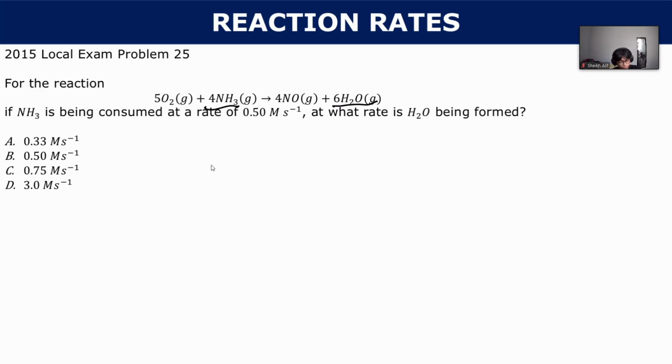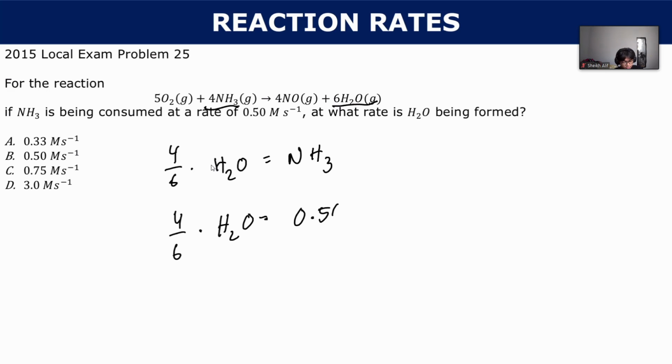This tells us that 4 over 6 times the rate of appearance of H2O is going to equal the rate of disappearance of NH3. Since we know the rate of disappearance of NH3 is 0.50 molarity per second, we can solve for the rate of appearance of H2O by multiplying both sides by 6 over 4.